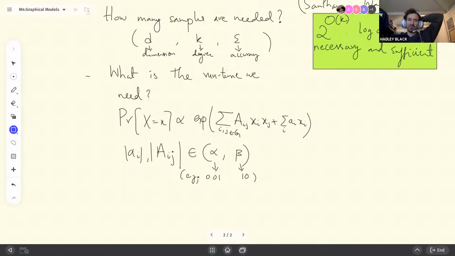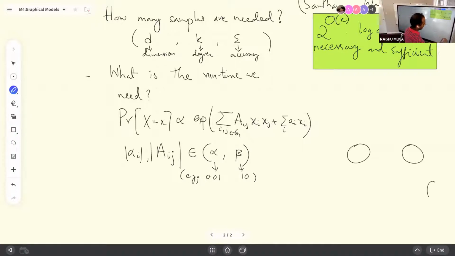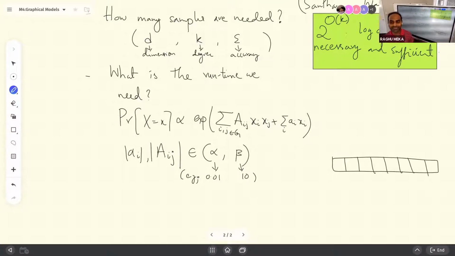Why is a very small degree a realistic assumption? Basically, there are two reasons. One is, if it's not small, this is not the right model. The other is what you hear from practitioners. Let's say your data is genome sequencing. Then you have some correlations, but it's not exactly a Markov chain.